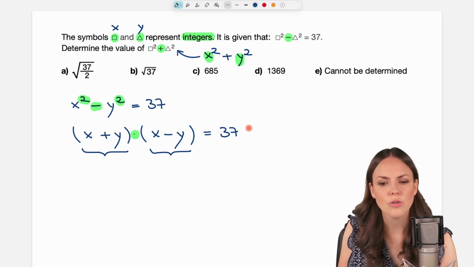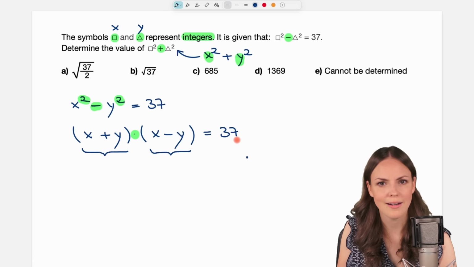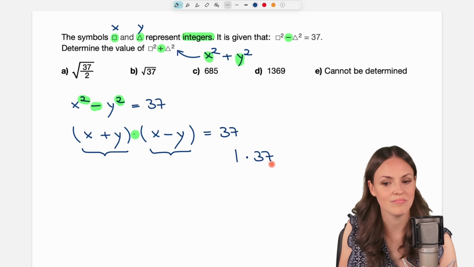Can we also write the right side as a product of two integers? Well, 37 is a prime number. So there are not many possibilities to write 37 as a product of two numbers. It is 1 times 37. This is because 37 is a prime number.